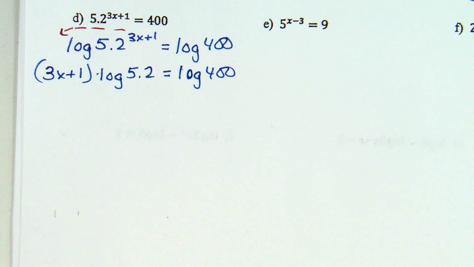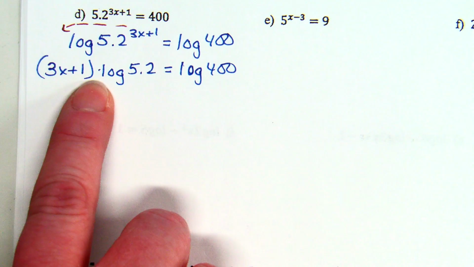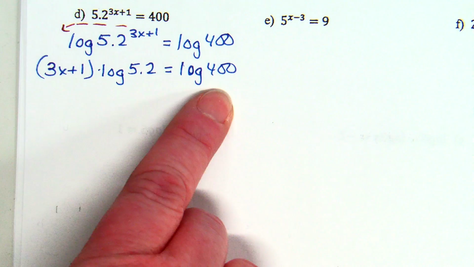Divide by what? Okay, I'll agree with we could divide by log of 5.2. That is an option. Because it's 3x plus 1 times log of 5.2, we could divide the log of 5.2 over.